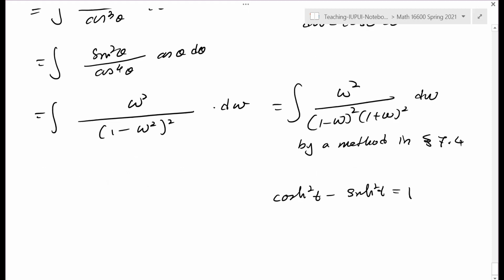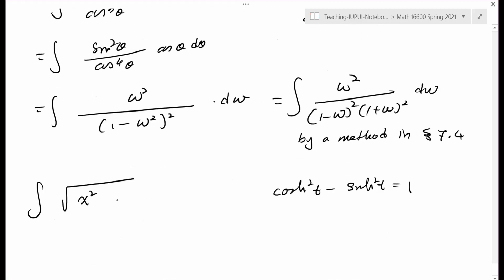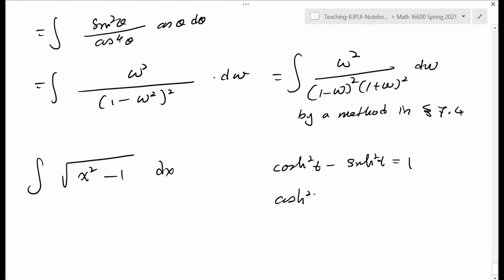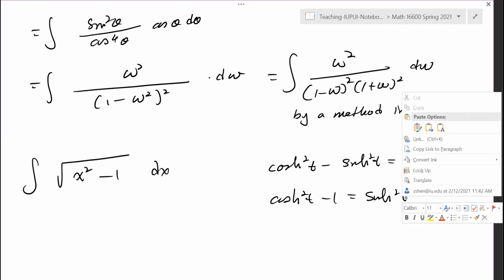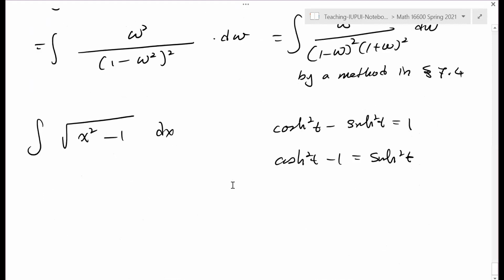So if you want to evaluate this integral, square root of x squared minus 1, it's possible to use this identity. You let x be hyperbolic cosine t, then probably it's much simpler.